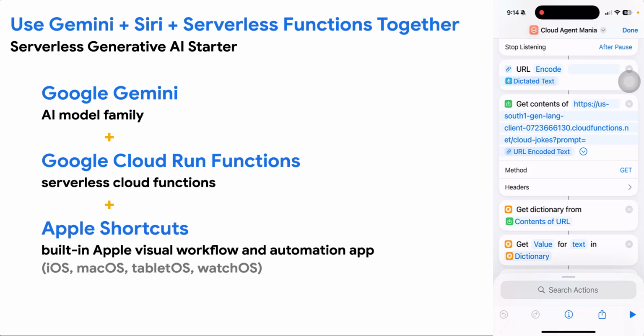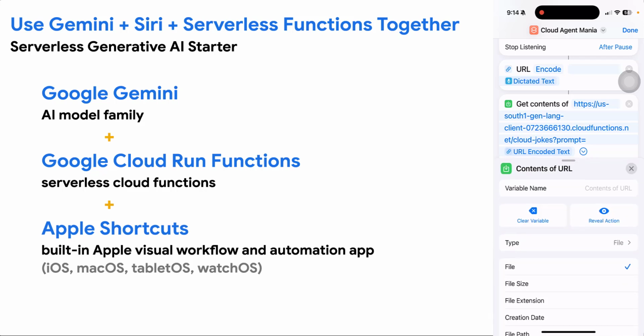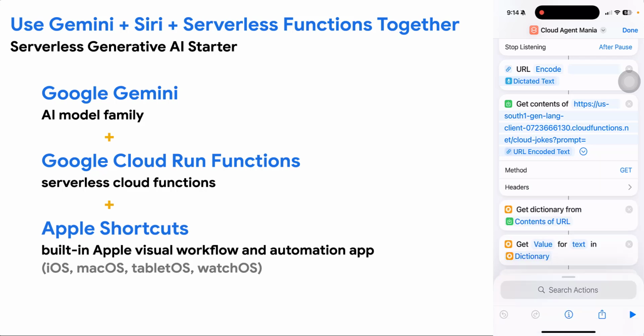This capability in Shortcuts can parse JSON dictionaries from the remote URL. So you can visit a particular URL, make a web service call, parse that response into a dictionary, and then get a particular value. We're going to get the key that's called text.